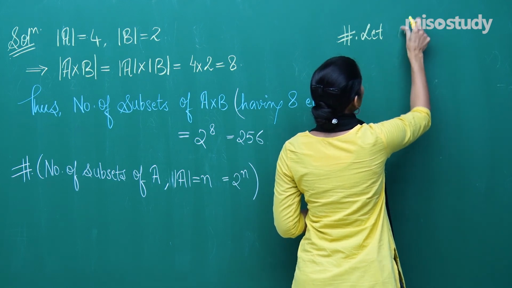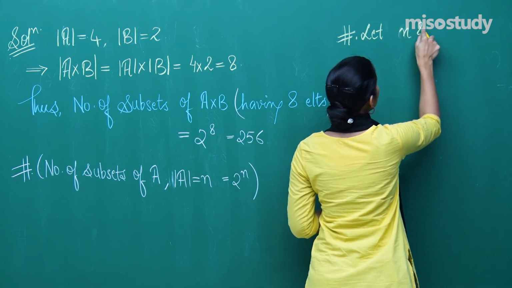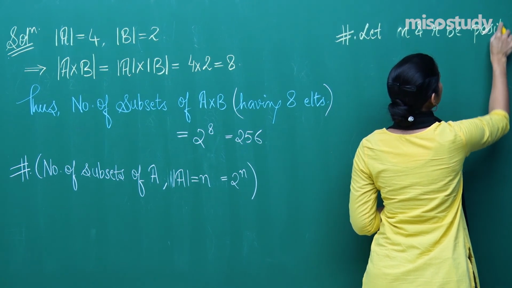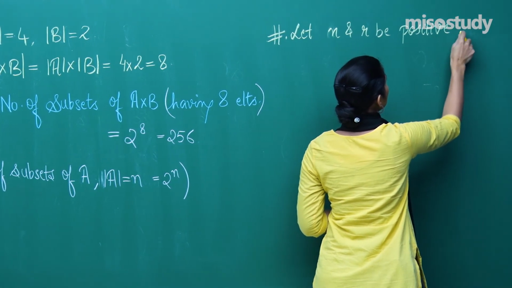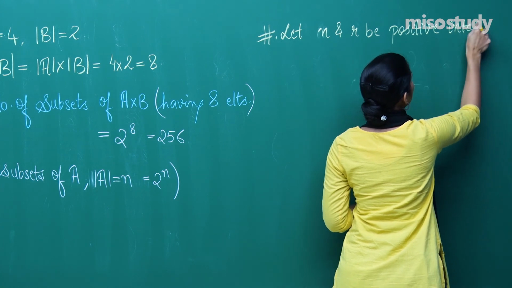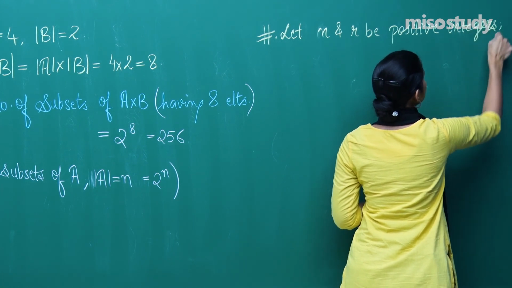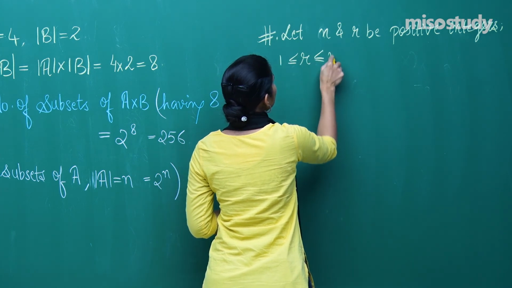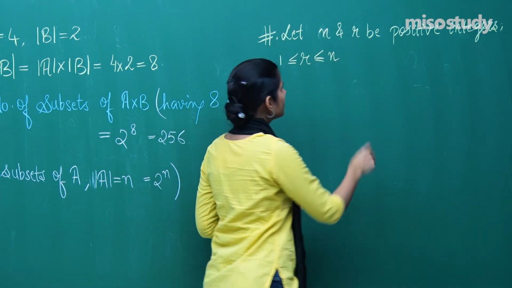Let n and r be positive integers such that r is greater than or equal to 1 and less than or equal to n.